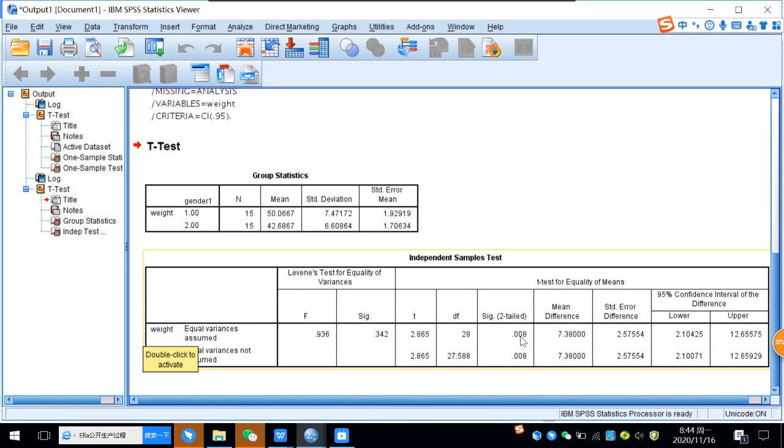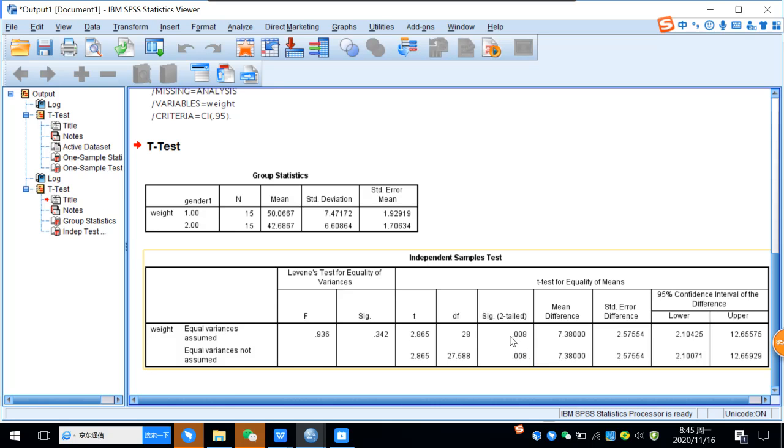So that means the mean weight of female and male is significantly different. Very significantly different. Why? If it's less than 0.05, it's significantly different. If it's less than 0.01, it's very significantly different.